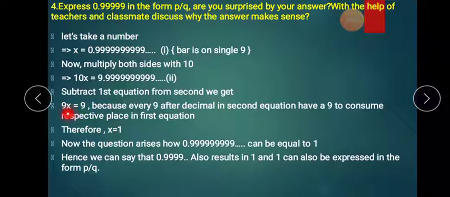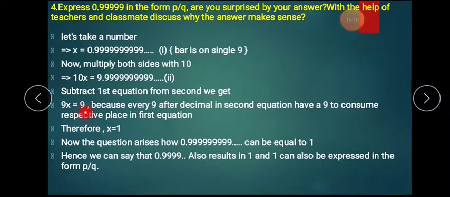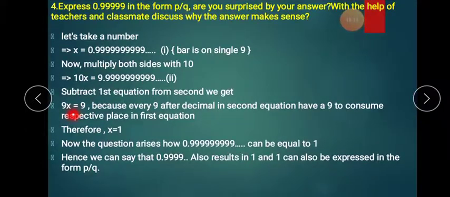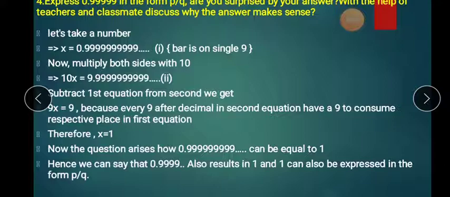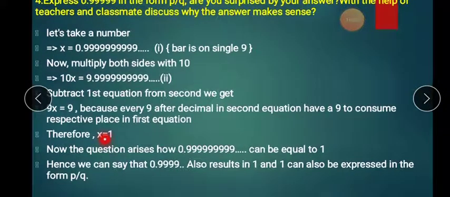So what we are getting, 9x equal to 9, or we can say x equal to 9 by 9. So what is 9 by 9? x equal to 1. So we are getting the answer as 1. So we can say 0.999 can be written as equal to 1.